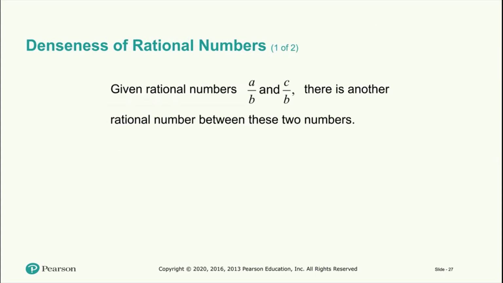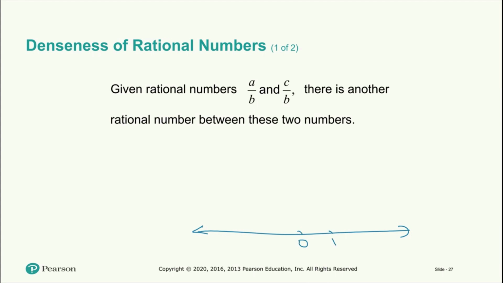Okay, next we want to look at the denseness of rational numbers. That means, if you're on the number line, how close are rational numbers on this number line? We know, for example, whole numbers and integers, there's a gap between them.